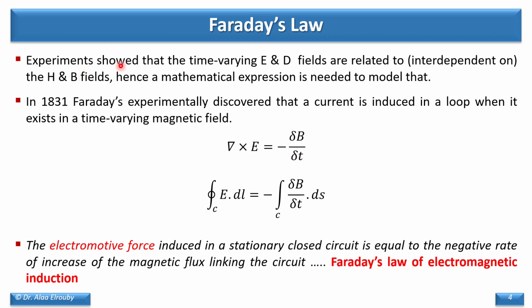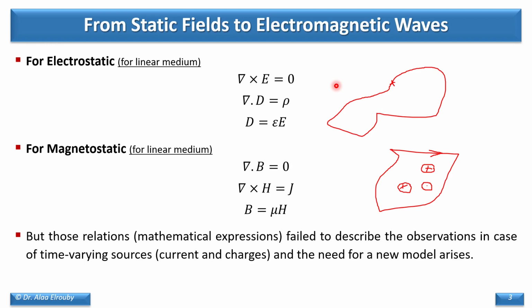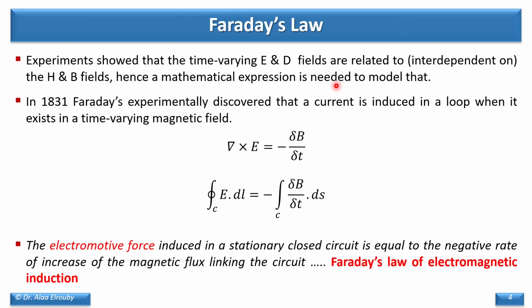So experimentally, it had been shown that for a time varying electric field, there is a relationship and interdependence with magnetic fields. The current mathematical model that we just discussed doesn't give this interdependence between electric field and magnetic field, nor the time varying dependency.